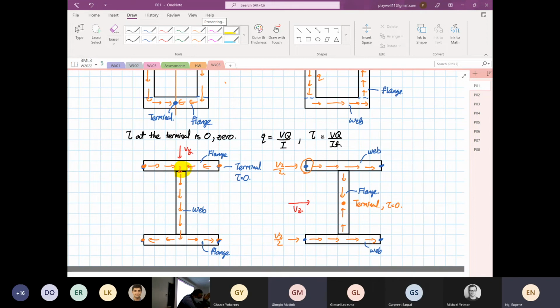So that is why I keep on emphasizing the web controls the flow. Okay. Did you all hear that question that he asked? Yes or no? Can you all hear? So I have to repeat. Okay. So the question asks, why is this point not a terminal?